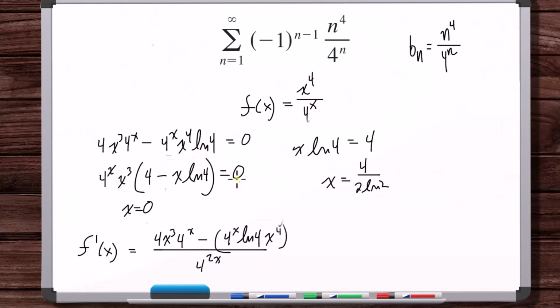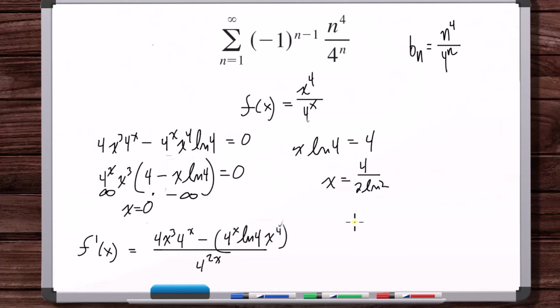So yeah, the limit as x goes to infinity of this here, you've got 4 to the x is positive infinity, x cubed is positive infinity, so this is infinity. Here you get 4 minus positive infinity, so you have times minus negative.